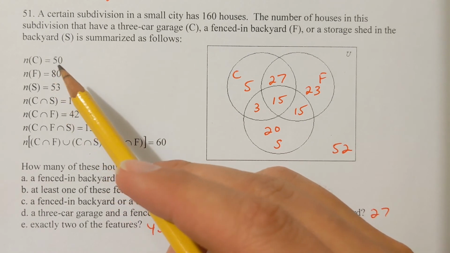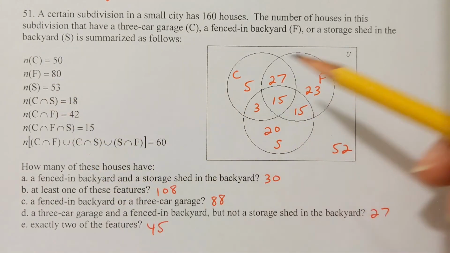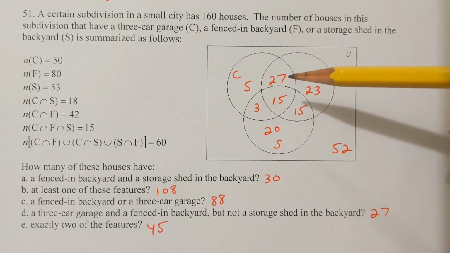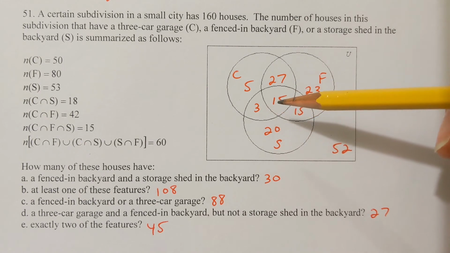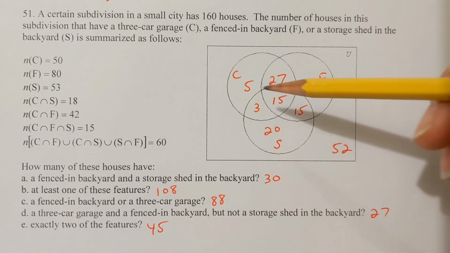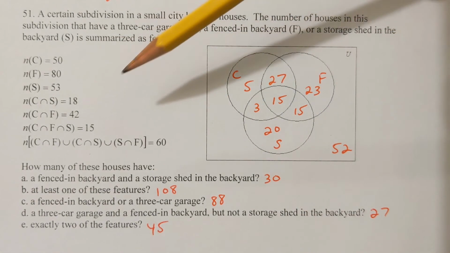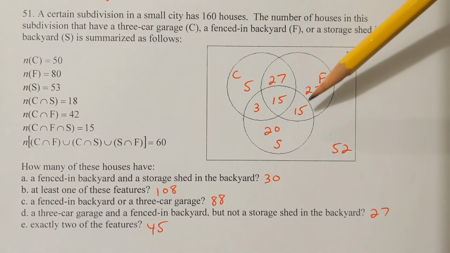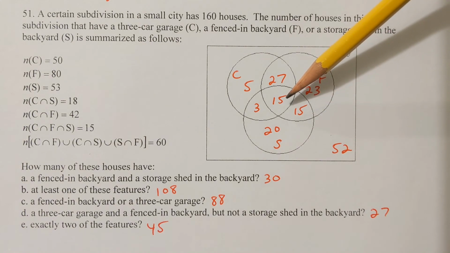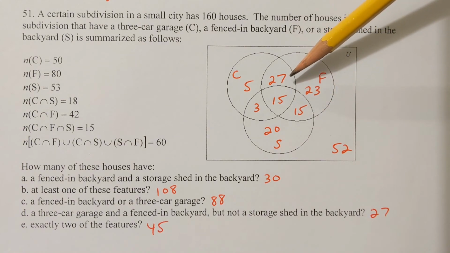Let me jump to the top. The cardinality of C is 50. So 27 plus 3 is 30, plus 15 is 45. I need 5 more to give 50. The cardinality of F is 80. So 15 and 15 is 30, plus 27 would give me 57.